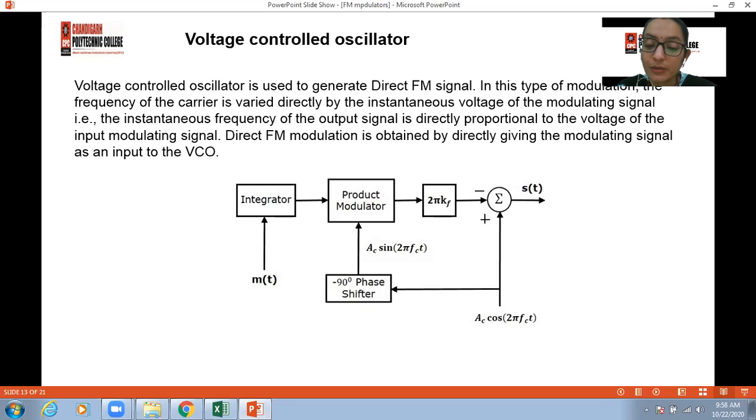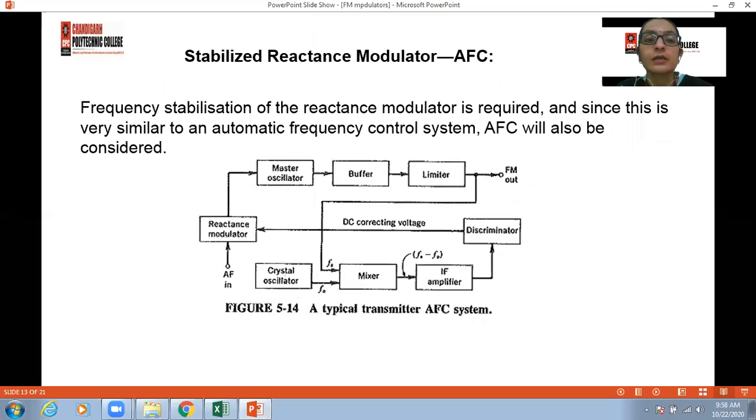After suitable amplification, this DC voltage is applied to the voltage controlled oscillator of the FM transmitter in such a way as to modify the frequency of the oscillator in a direction which tends to restore the carrier frequency to the required value. That is the full working of the voltage controlled oscillator.